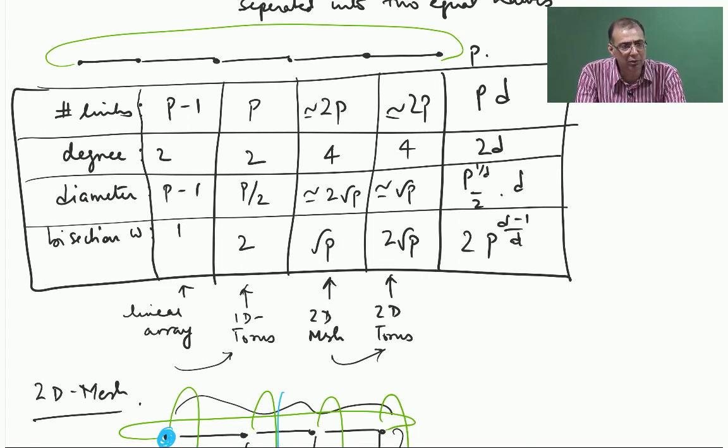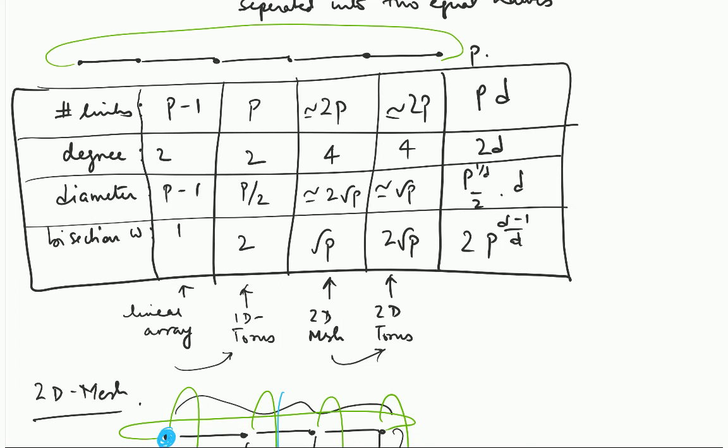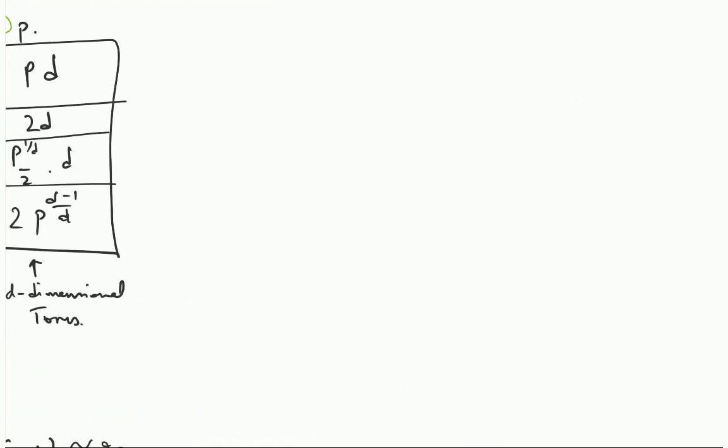Yeah, p to the power 1 by d is quite small, okay? And bisection width is also very good, almost linear, which means very good communication. D-dimensional torus. So that's why people have explored these to quite an extent, D-dimensional tori. All right.